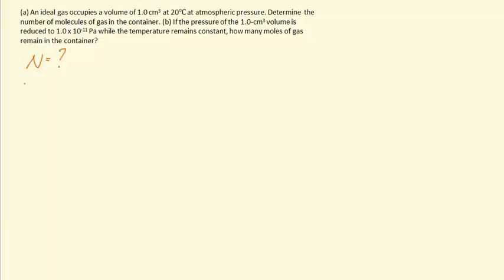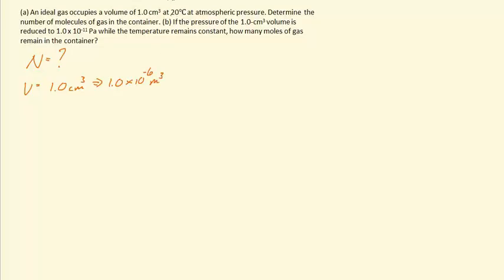We're given the volume of the container, which is 1.0 centimeters cubed, or if we convert it into meters cubed, we would get a value equal to 1.0 times 10 to the negative 6 meters cubed.